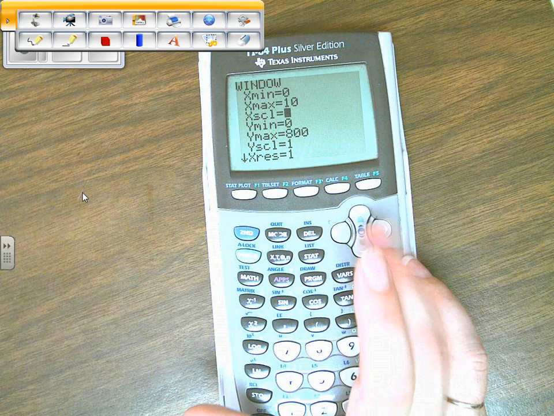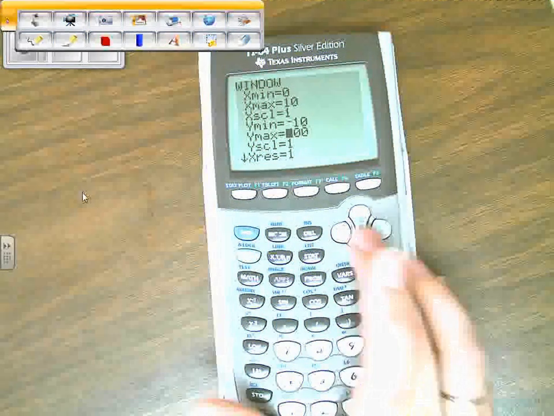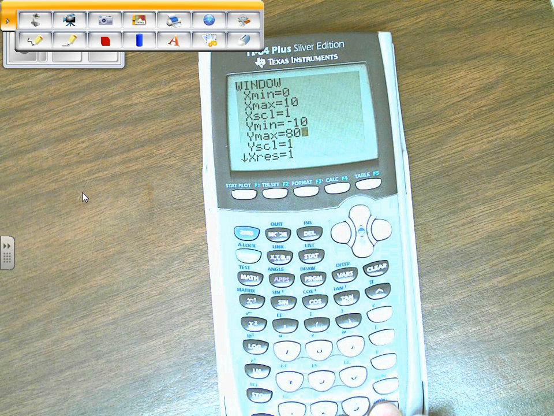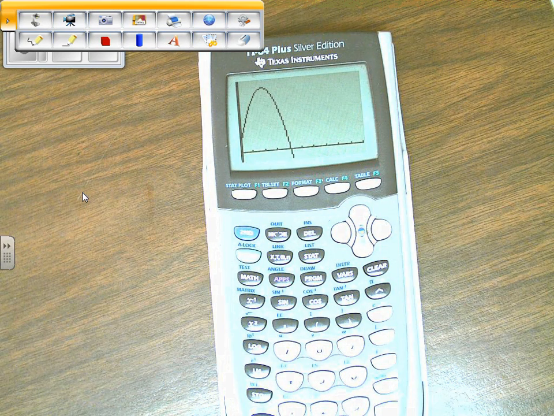Why did I go ahead and do negative 10? It would be hard to see the x-intercept if that's the very bottom. Y1 is the function and y2 is 0 if you want to use the intersection, or you can use the zeros button either way.